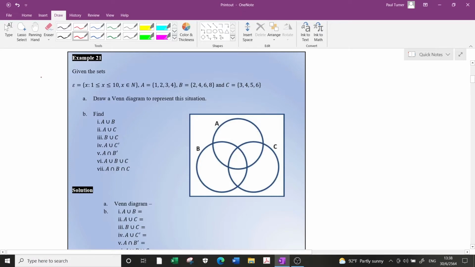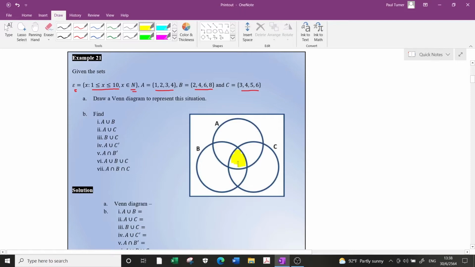Let's look at an example. We have the universe, which are all natural numbers 1 to 10. And set A is {1, 2, 3, 4}. Set B, {2, 4, 6, 8}. Set C, {3, 4, 5, 6}. So how about looking at this central part here?